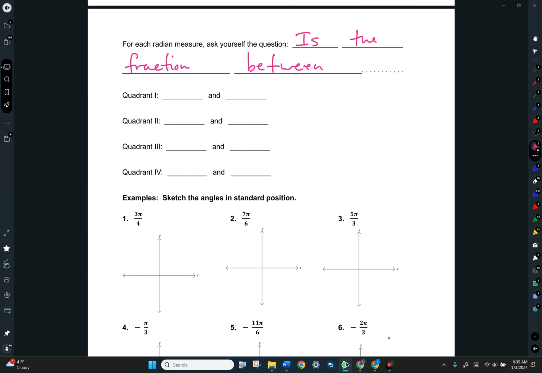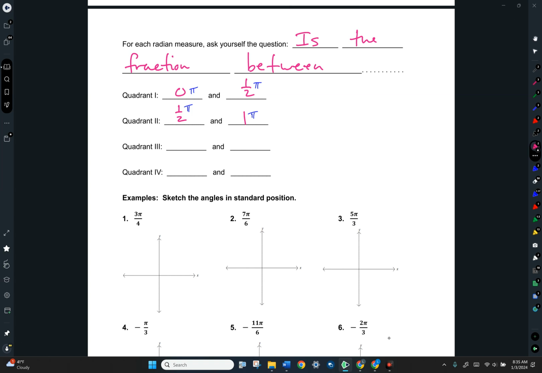The first quadrant: is the fraction between 0 and 1/2? Because that would be the first half. For quadrant 2, is the fraction between 1/2 and 1, because every quadrant is another half. When we say 0 and 1/2, and 1/2 and 1, what we're implying is 0 pi and half of pi, or half of pi and 1 pi. It's just that we're not going to think pi every time. We're just thinking in terms of fractions.